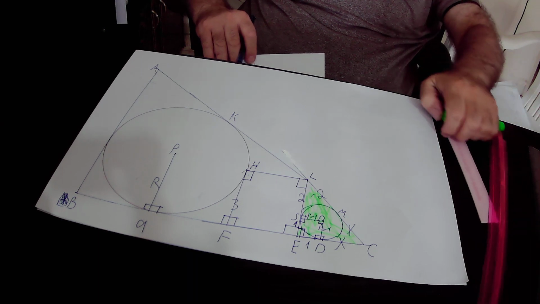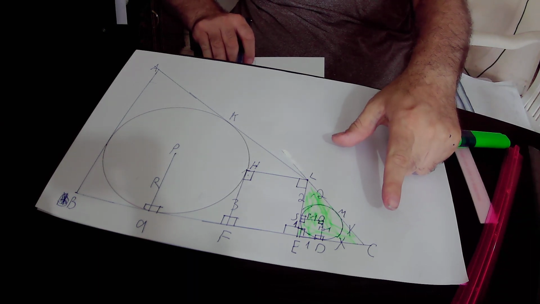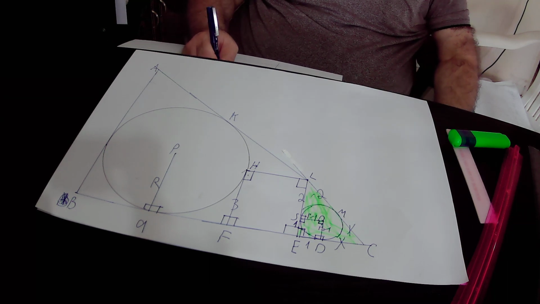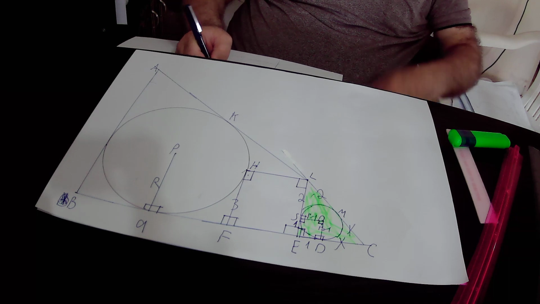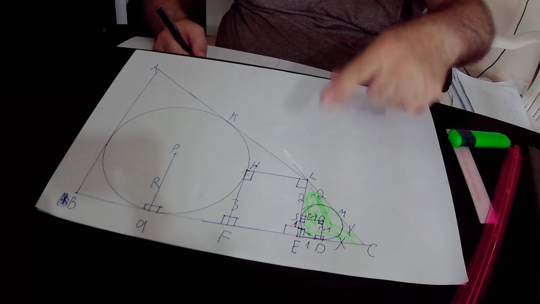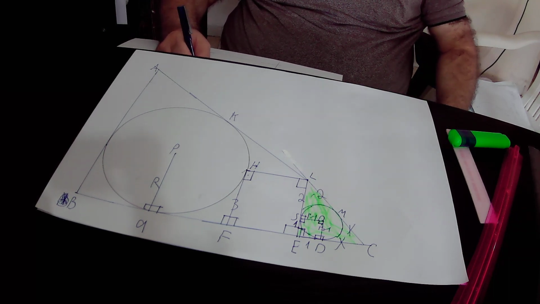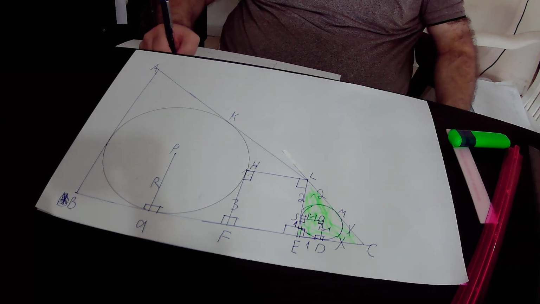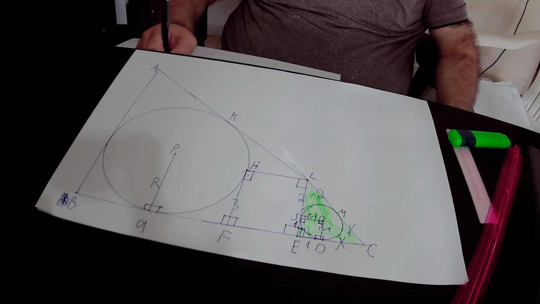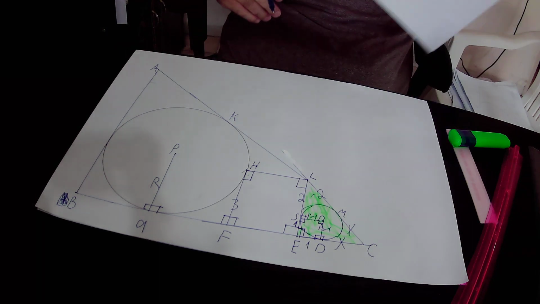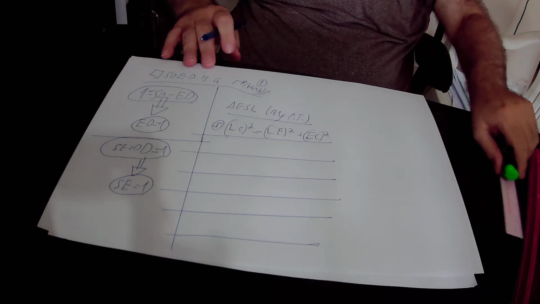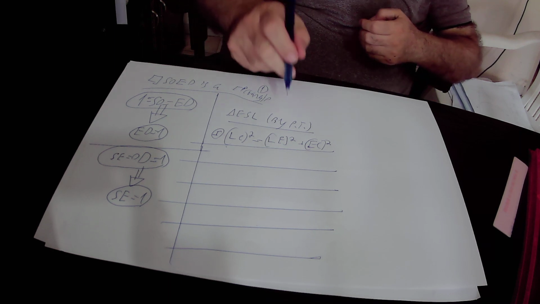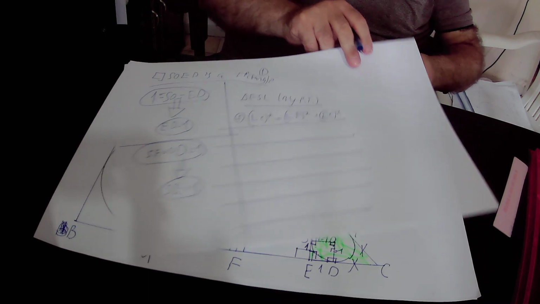So here the hypotenuse is LC, therefore the square of the hypotenuse will be LC squared. And it must be equal to the sum of the squares of the perpendiculars, that is to say LE squared plus EC squared. So we found out that according to the Pythagoras theorem on the green right triangle, LC squared equals LE squared plus EC squared.